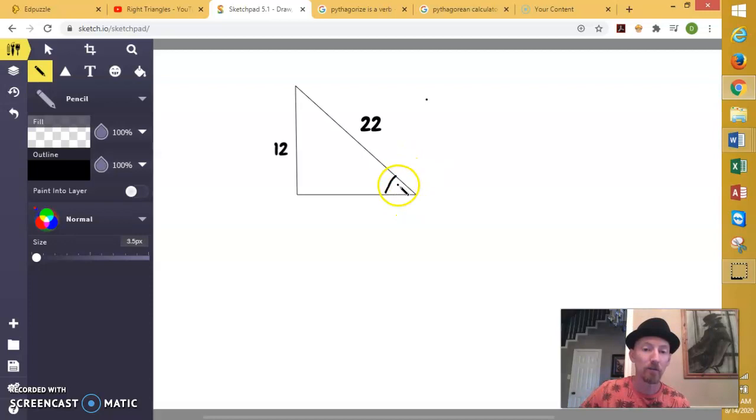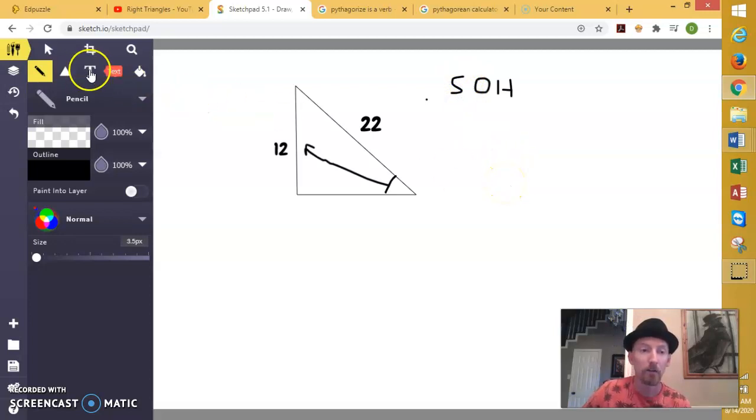So if I'm looking at this angle right here, this is the opposite side from that angle. See? The opposite. This is the hypotenuse relative to this little angle here. Okay? So I have opposite and I have hypotenuse. And if you think about the mnemonic SOHCAHTOA, that would be SOH. So that means we're going to use sine.